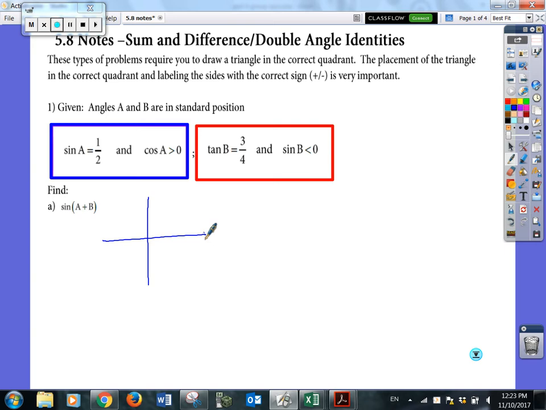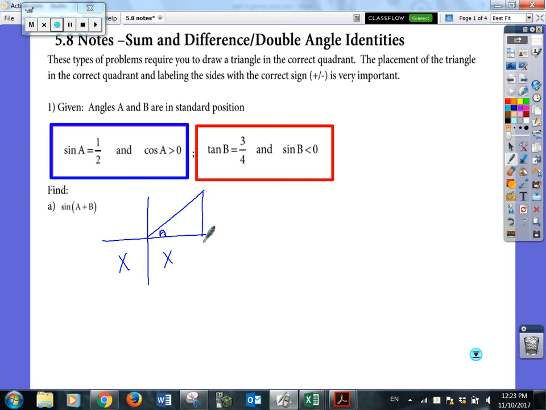There's only two places where sine is positive. The y value is positive up here, so that takes out 3 and 4. And cosine of A must also be positive. Cosine of A is greater than 0. That means we're in quadrant 1. So our triangle with angle A is in quadrant 1.